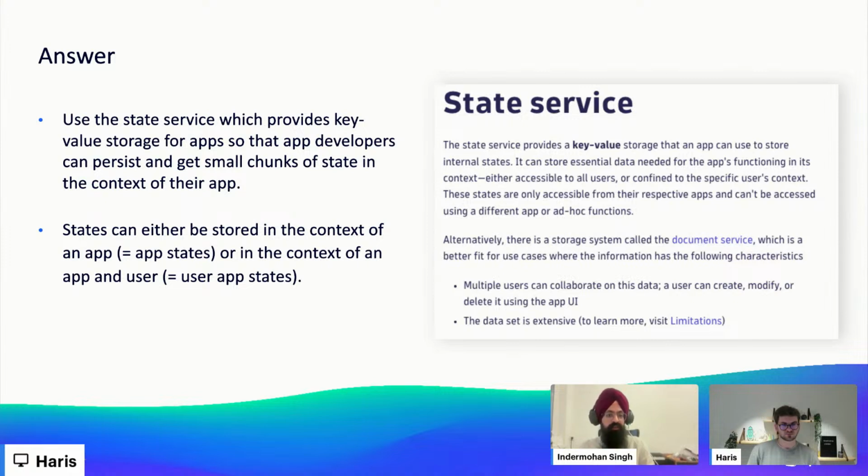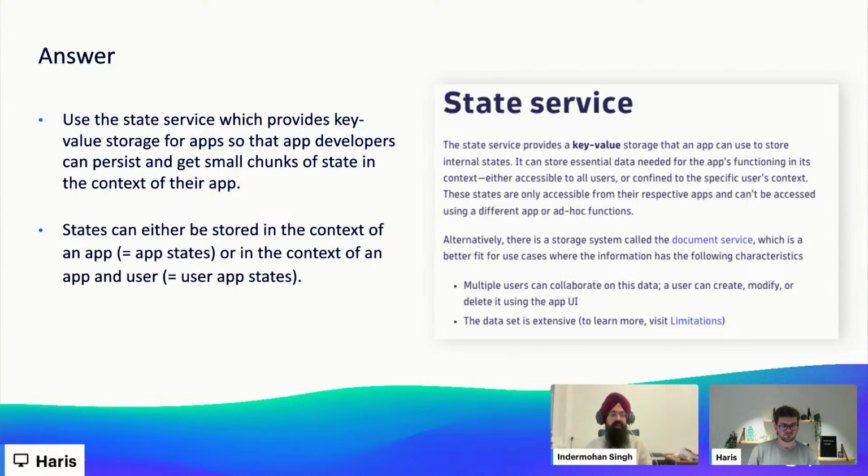The user app state is scoped to the user and the app, and the app state is only scoped to the app. So for instance, if you want a shared storage, and the changes to that storage would affect all the users, that should go to the app state.